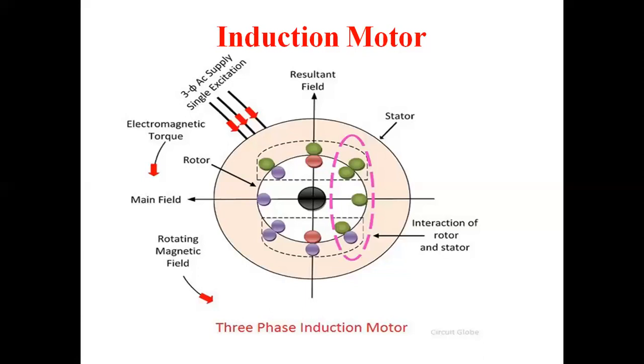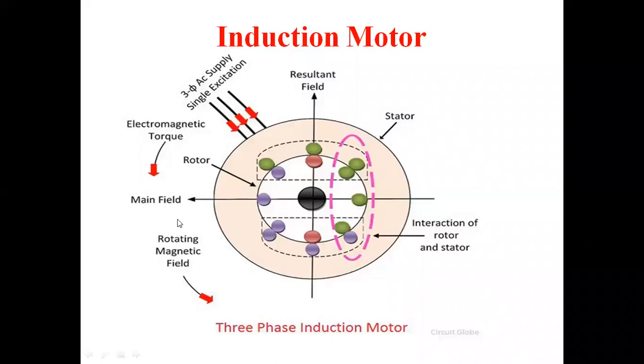This current is known as rotor current. As the current flows through the rotor conductor, flux is induced on it. The direction of rotor flux is the same as the direction of rotor current. Now, we have two fluxes: one flux in stator and second flux in rotor.